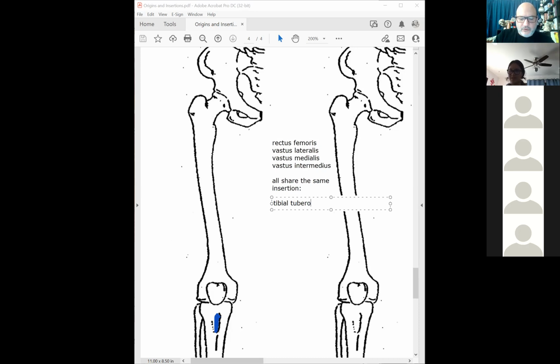That is it for the insertion, yes. However, as you just rightly pointed out to me, this insertion of the quadriceps femoris muscles uses some of the features, some of the characteristics we learned in the knee.